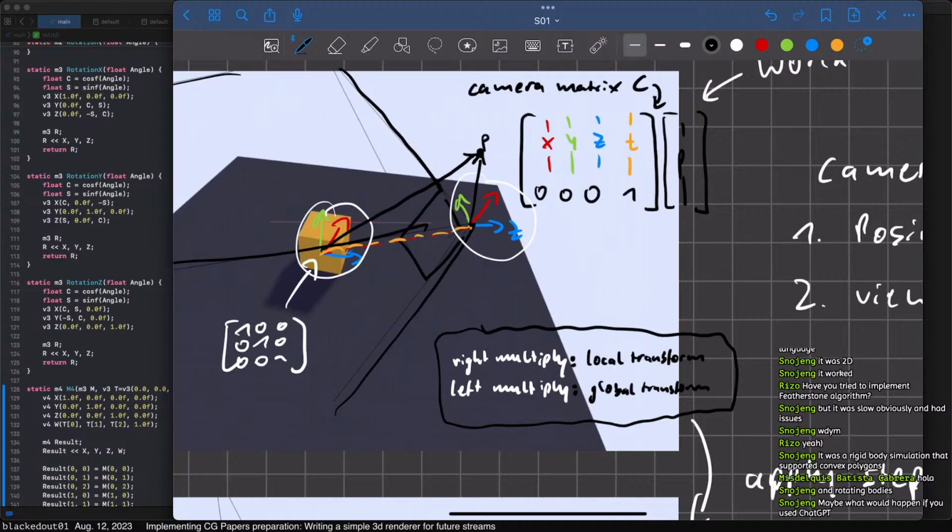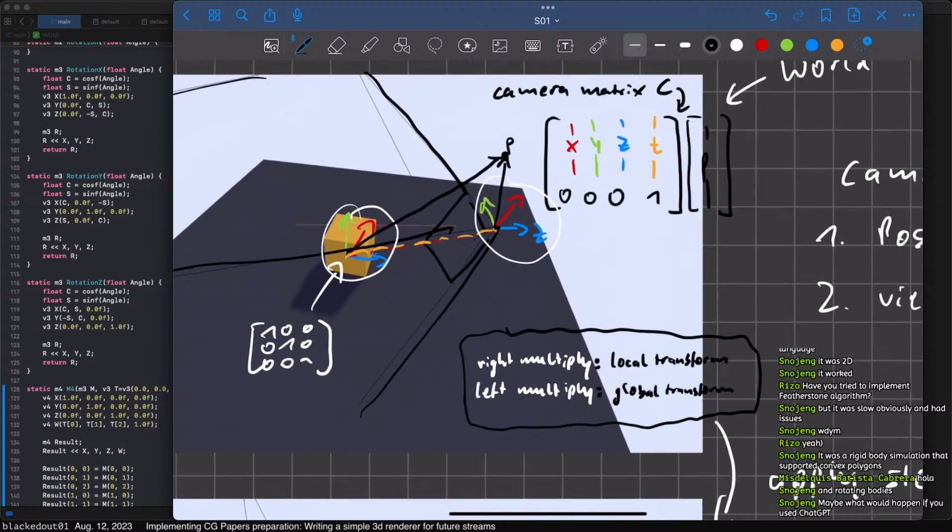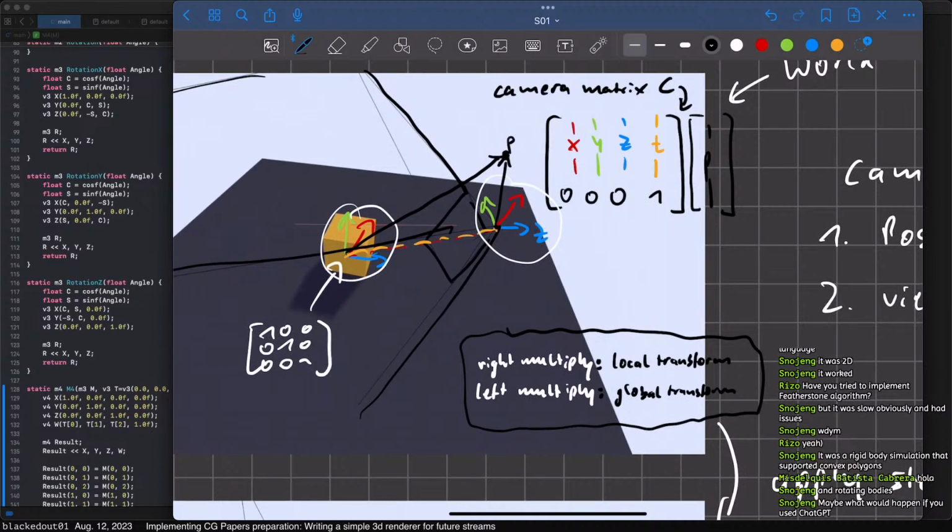But that's not what we want, because we have the cube, and we want to transform the cube from the world coordinate system into the camera coordinate system. And what a multiplication by this camera matrix does is it transforms the point from the camera system to the global system. But we want exactly the opposite step.